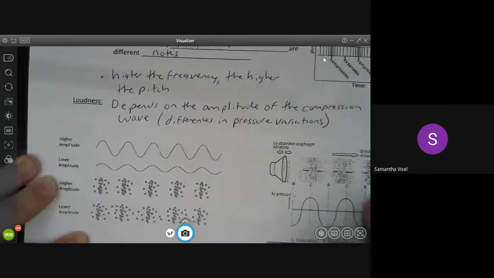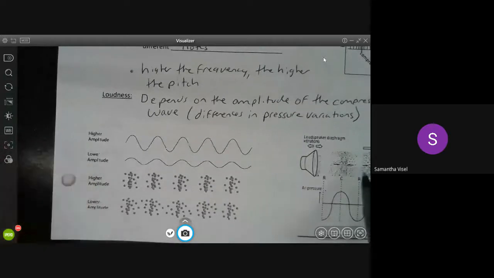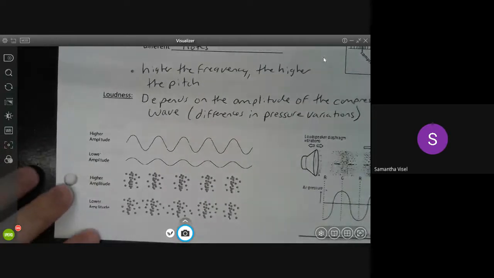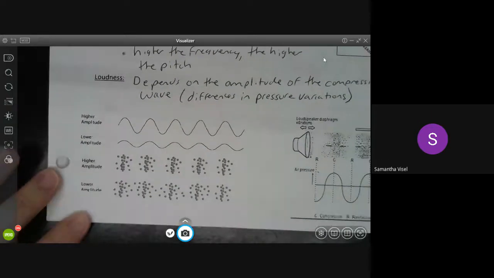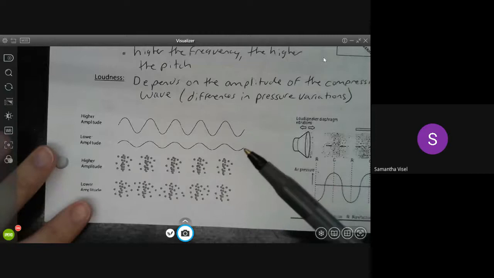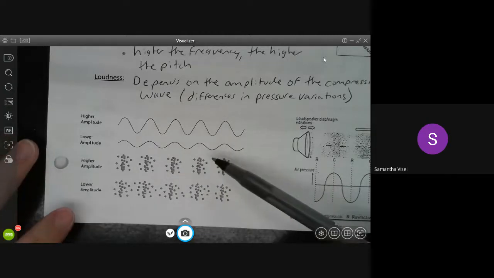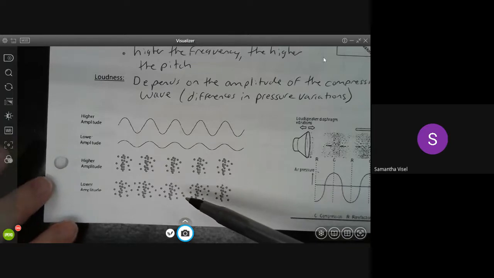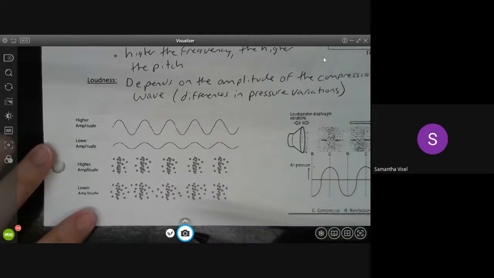Now, sound is a longitudinal wave, so it does make it a little bit more difficult to visualize difference in amplitude than in a transverse wave. And generally, too, transverse wave properties and how they look is often used to give you a visual of what's happening with the sound wave.